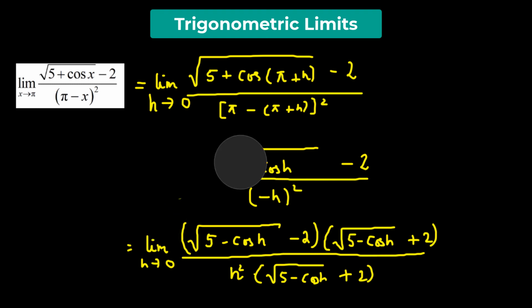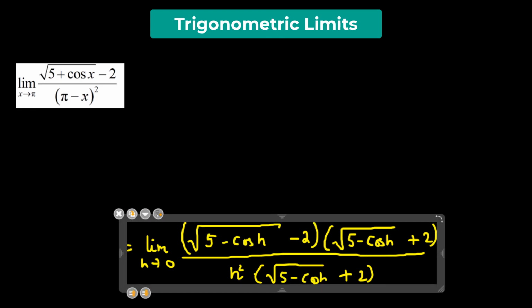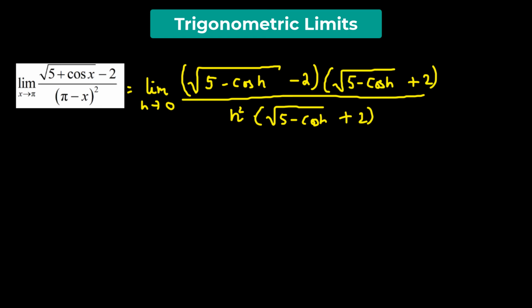Now we can simplify the numerator. The numerator is in the form of a minus b times a plus b, which reduces to a squared minus b squared.